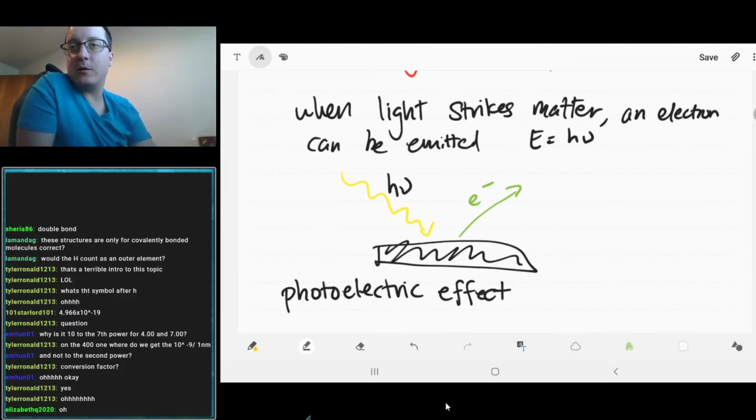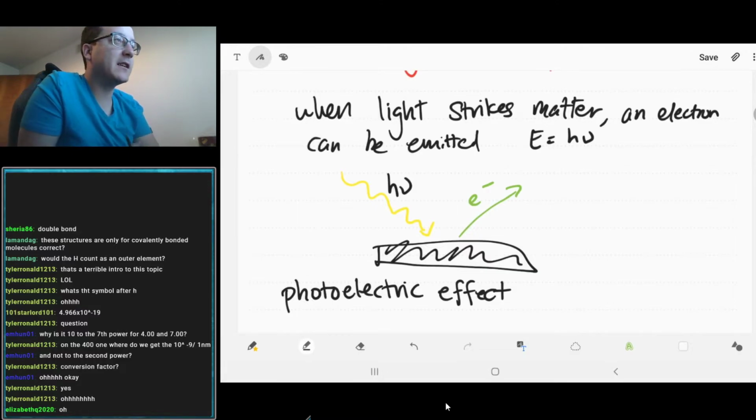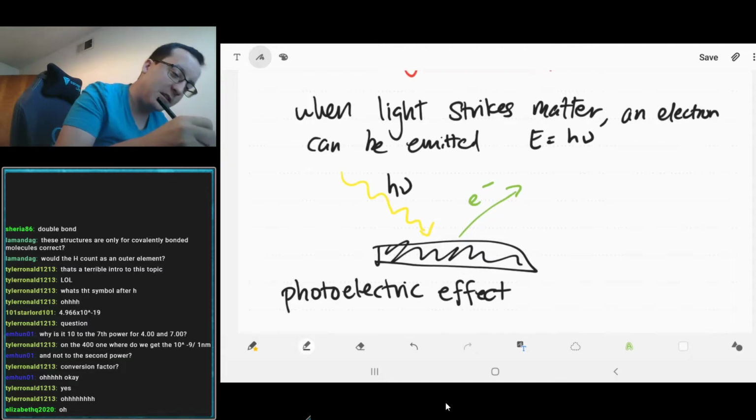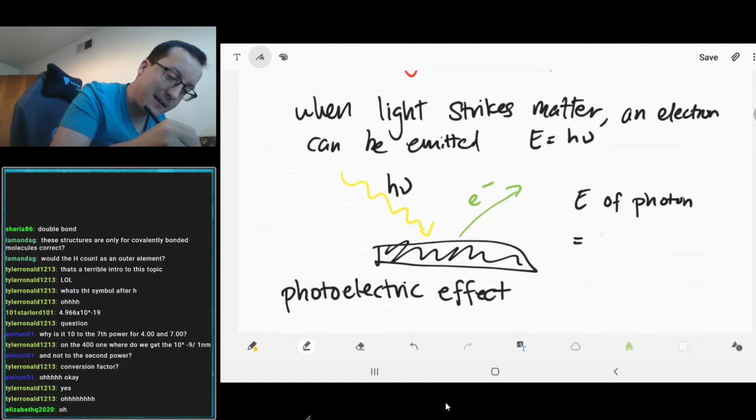This is actually what Einstein won his Nobel Prize for, not for relativity, but for the photoelectric effect, go figure. So he was able to determine that when light comes in, it's going to kick out an electron. And it turns out the energy of the photon coming in is going to be equal to the energy of the electron coming out.